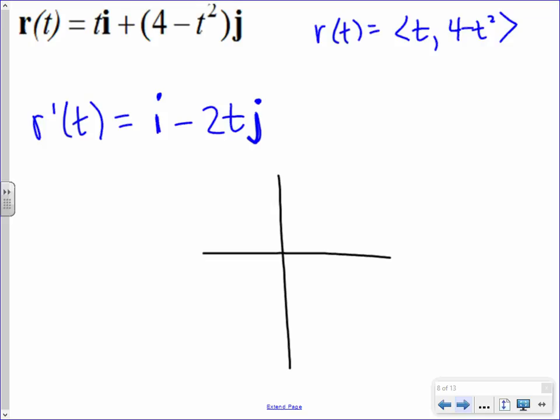What is the vector we get when we plug in negative 2? Negative 2, 0. Okay. What is the vector we get when we plug in negative 1? Negative i plus 3j, right? So when you plug in 0, you get 0, 4.